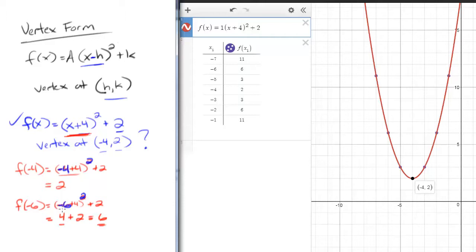In this case with a -6, we got (-2)², which added a 4. Therefore, the smallest value this function could output is at the x value that, when you plug it in, zeroes out this part of the function. It would not be adding anything to the 2 right there.